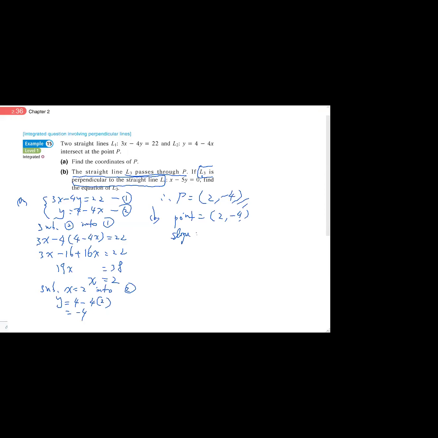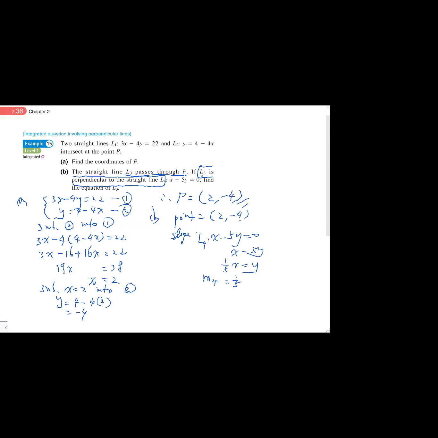It is troublesome, but in the end it's always the same few things. When you put everything together, students who are not so familiar will get confused, but students who are familiar should have no problem. So, x minus 5y is equal to 0. Then we are going to change the subject to y. So x is equal to 5y, and then 1 over 5 x is equal to y, which means that M4, this is L4, M4 is equal to 1 over 5.